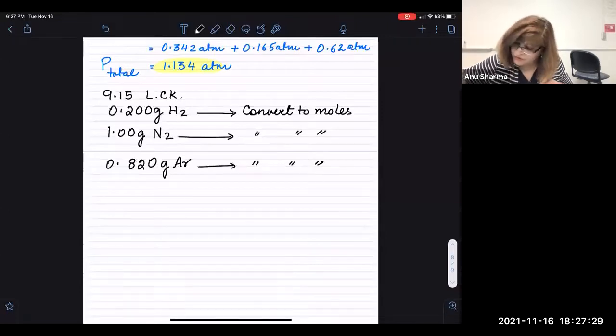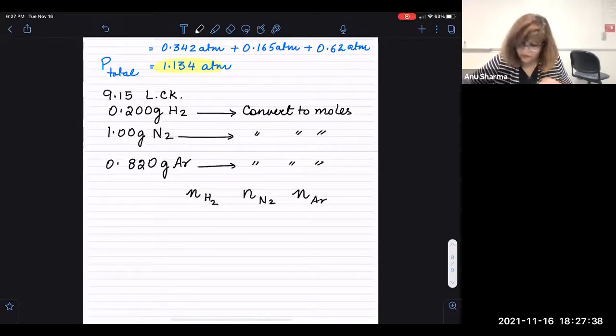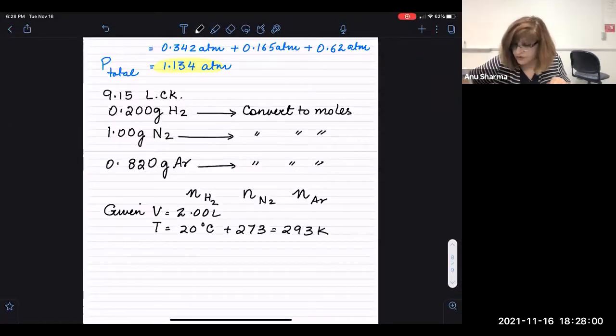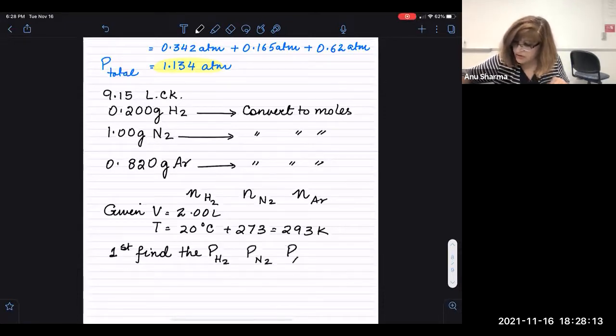So once you have the values of n for hydrogen, nitrogen, and argon, you are given the volume, which is equal to 2.00 liters, and the temperature, which is 20 degrees Celsius plus 273, equal to 293 K. So first find the partial pressure of hydrogen, nitrogen, and argon.